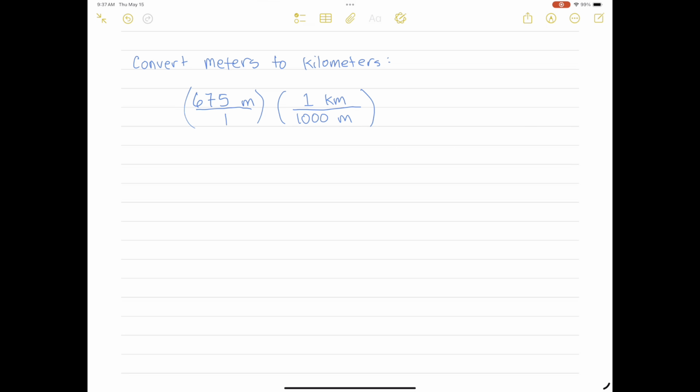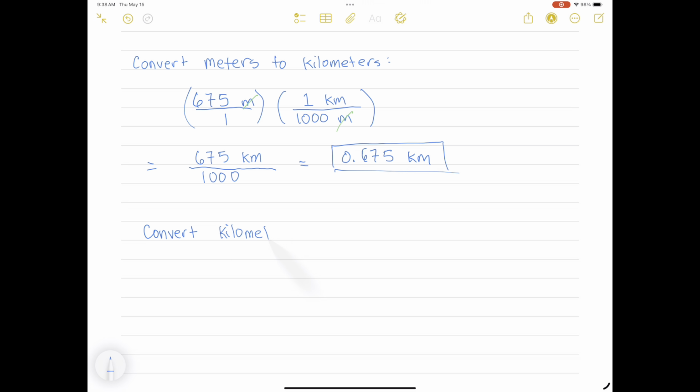The meters unit in the numerator cancels with the meters unit in the denominator, and you would multiply the numerators to get 675 kilometers and the denominator to get 1,000, which would be a division problem. 675 divided by 1,000 gets you 0.675 kilometers.